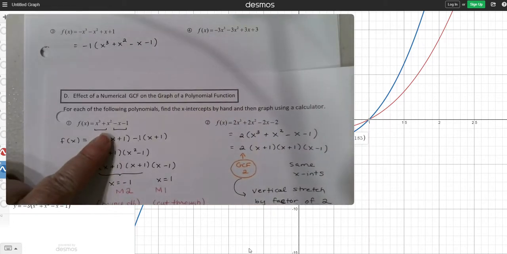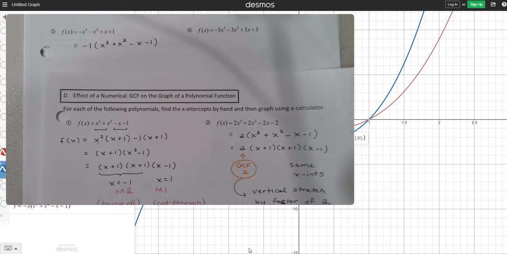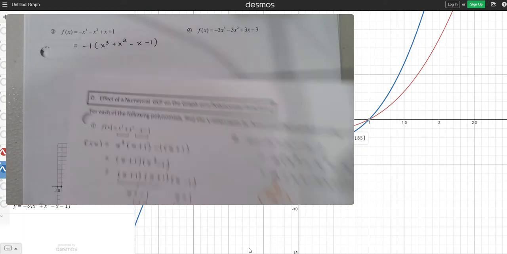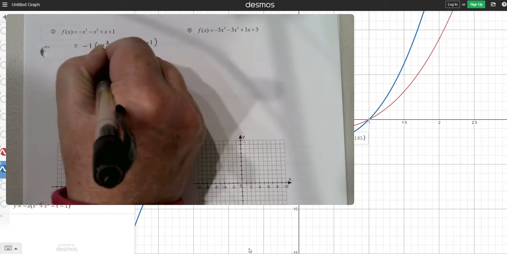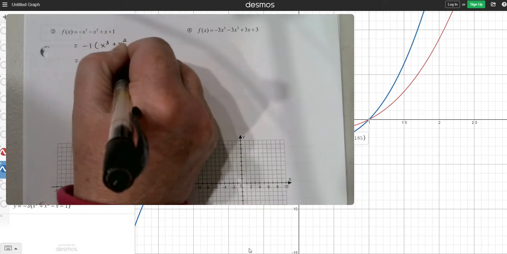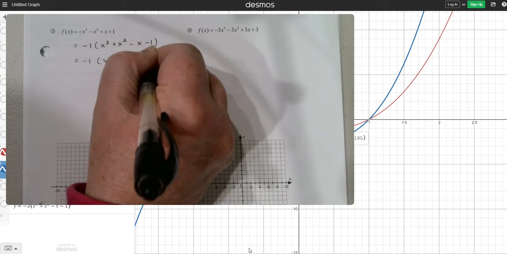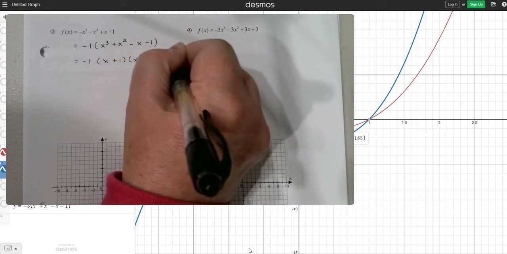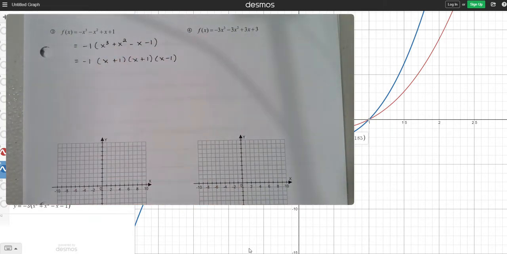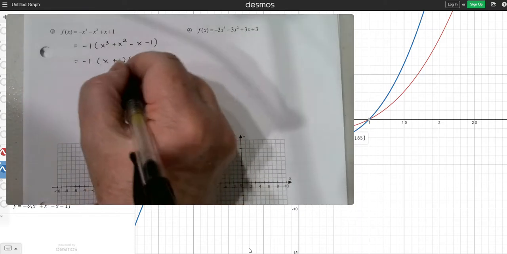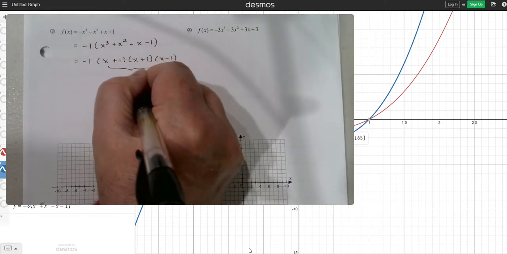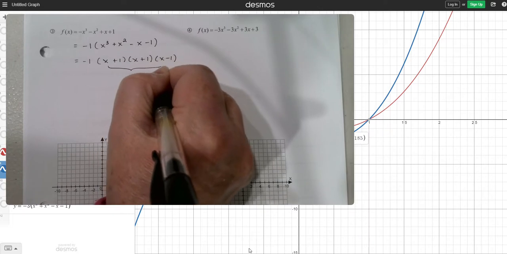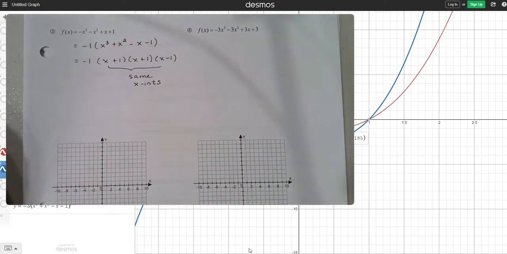So again, I could steal its factored form that we've already worked out. So once again, I have the same x-intercepts. But my GCF this time is negative 1.